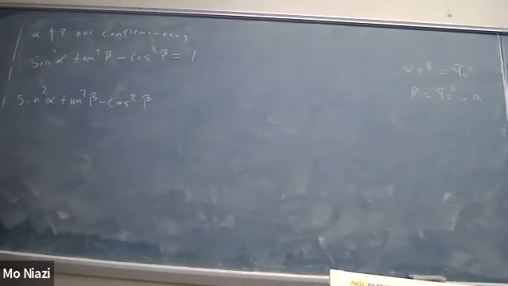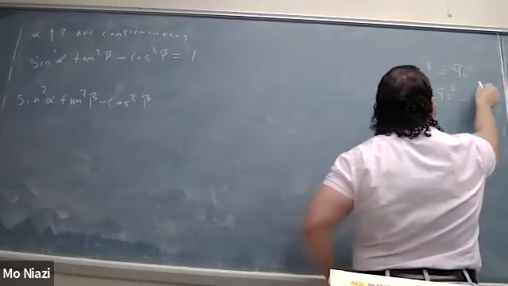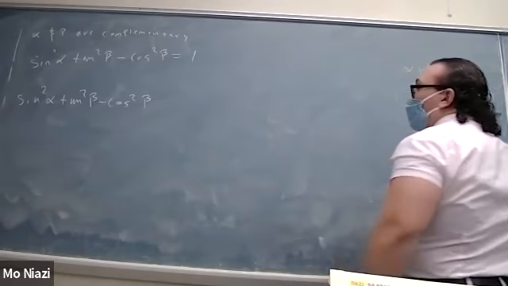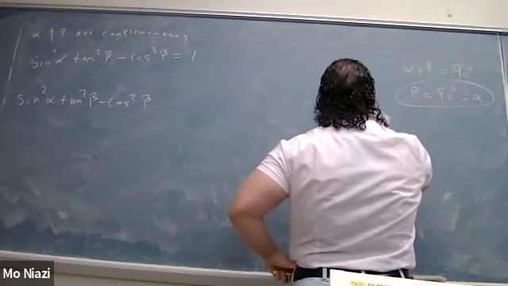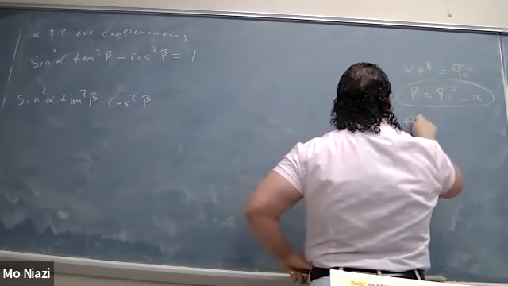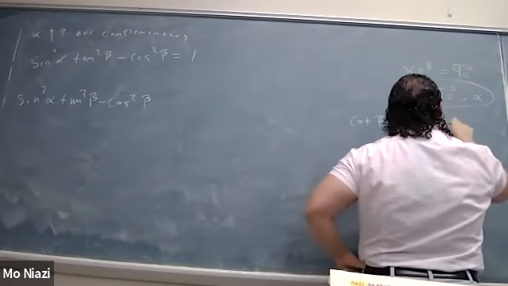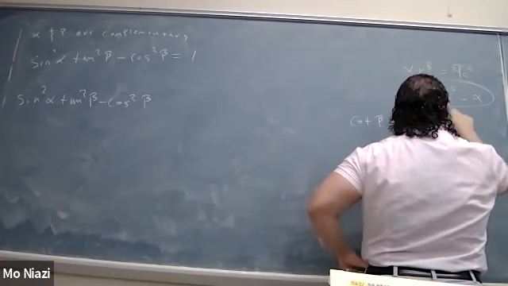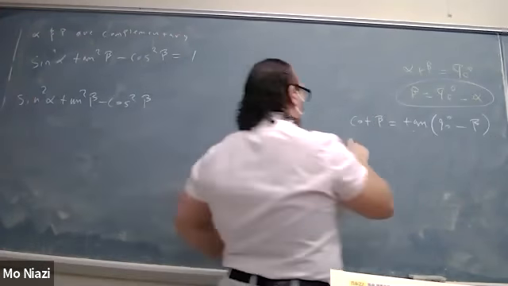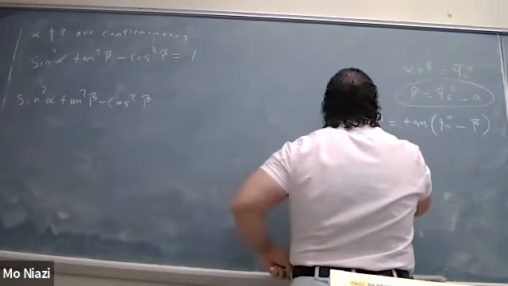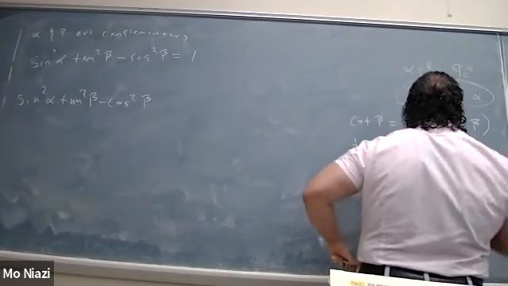We're trying to show that this equals 1. This is begging us to utilize the cofunction identities. The cofunction of tangent is cotangent, meaning cotangent of beta is the same thing as tangent of 90 degrees minus beta. So the tangent of beta is the cotangent of 90 degrees minus beta.